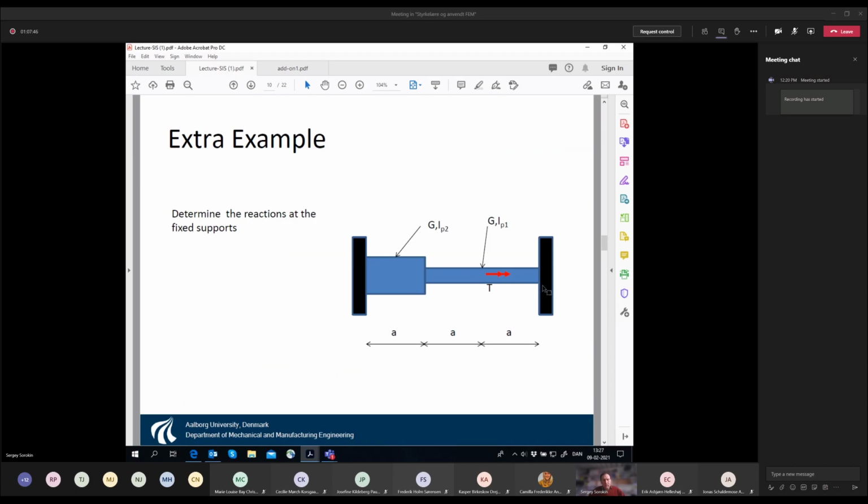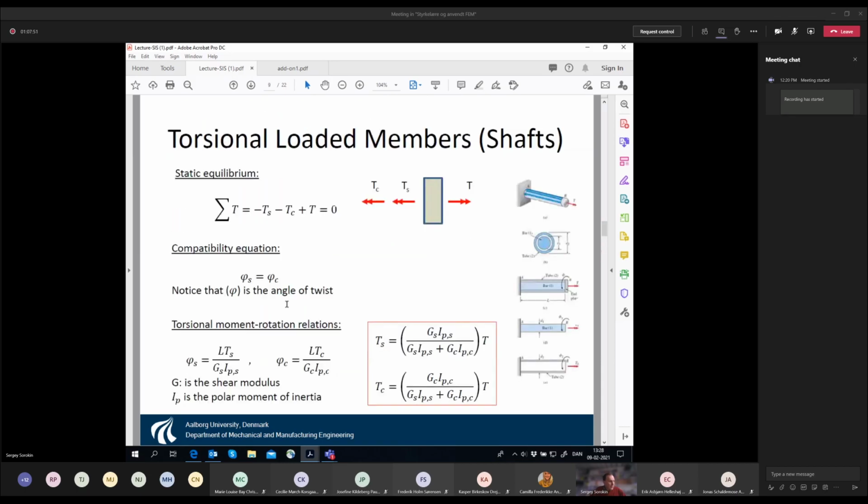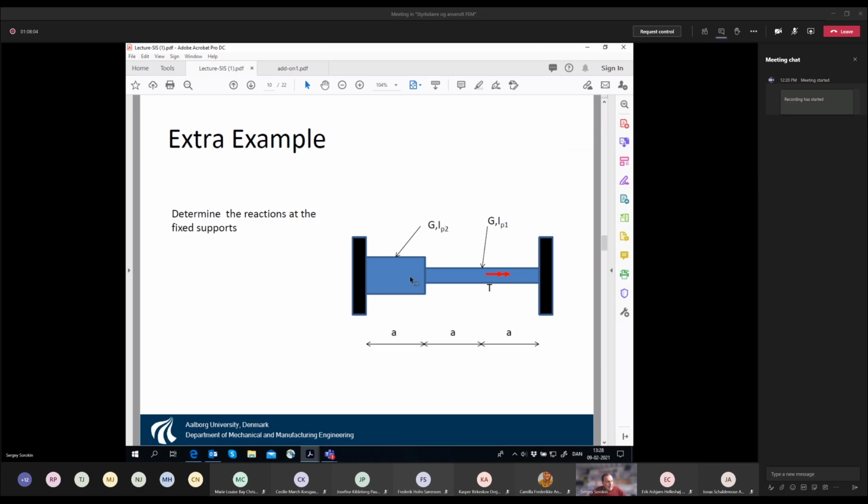And now we do the last step. We have to use Hooke's law. We have to use this torsional moment rotation relation, and actually these are these formulas. So we have just to apply this formula in a clever way. What we say is that the rotation of this cross-section with respect to this one is the sum of 3 ingredients. The first is the rotation of this cross-section with respect to this one.